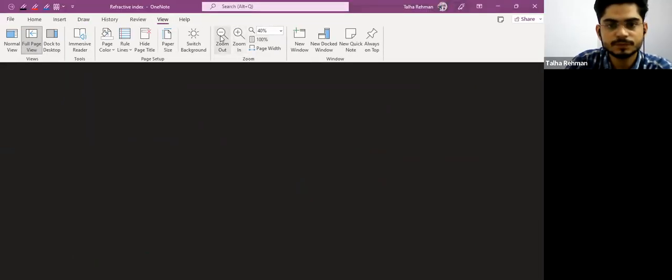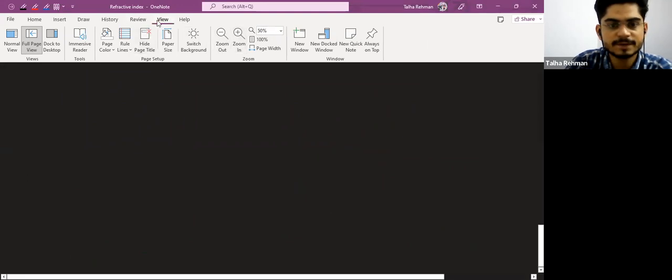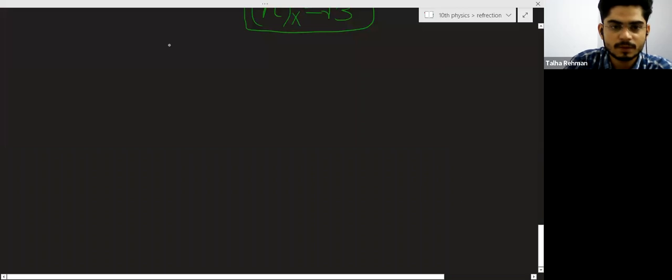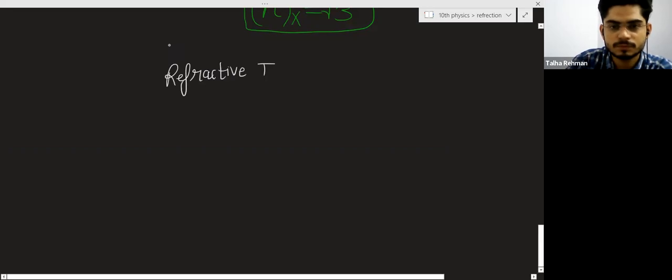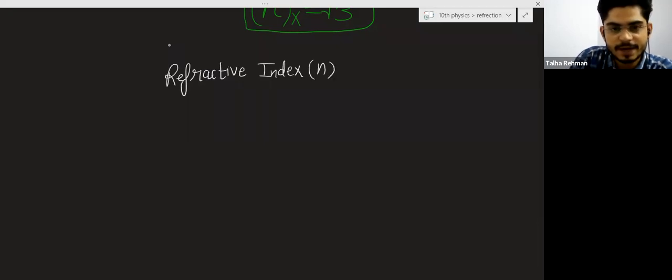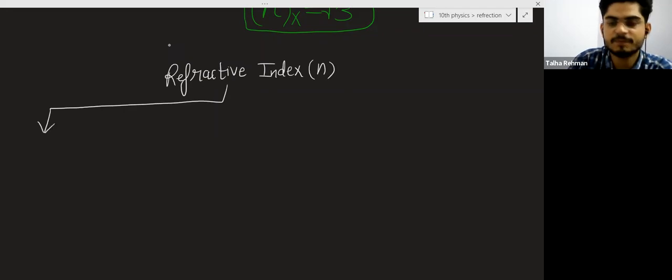So refractive index, we will represent refractive index by small n, and refractive index is defined in two ways.